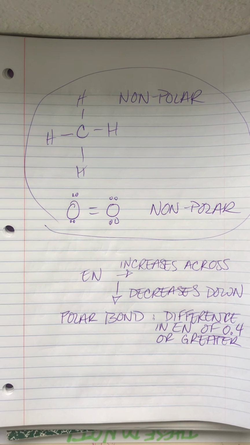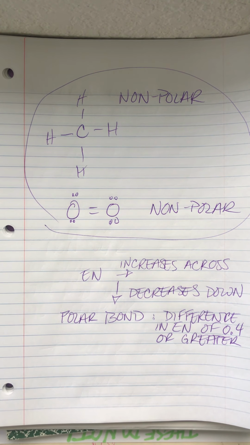I think when you get up to like 1.2 or something difference, that's when you cross the border between polar covalent and ionic, right? So like a bond between nitrogen and oxygen. Do you know if that's polar or nonpolar? Yes, absolutely, it would be polar.